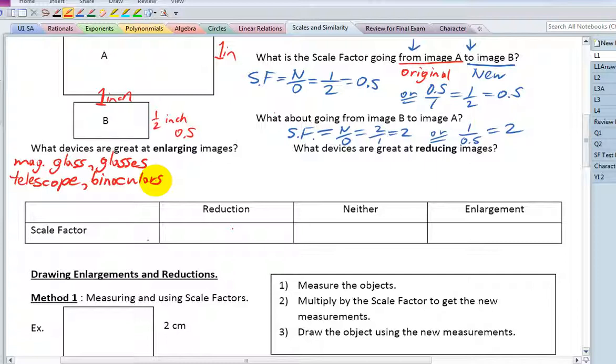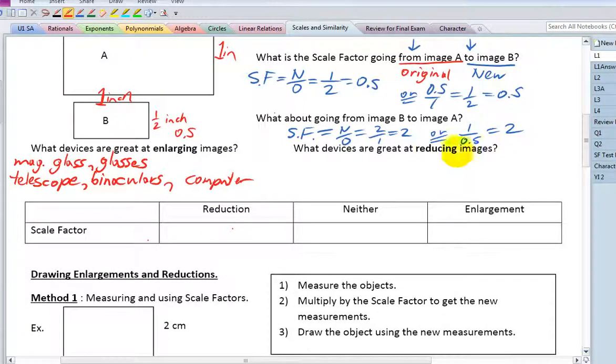What about a computer, would it just enlarge? It totally can, or it can also reduce. Computer, printer.